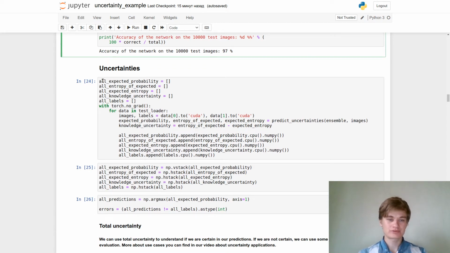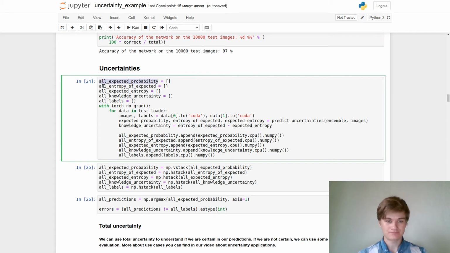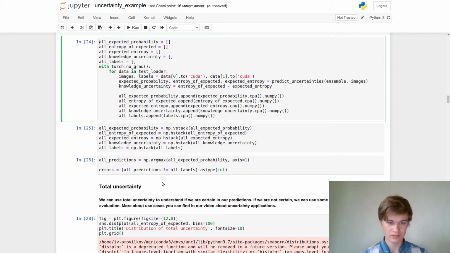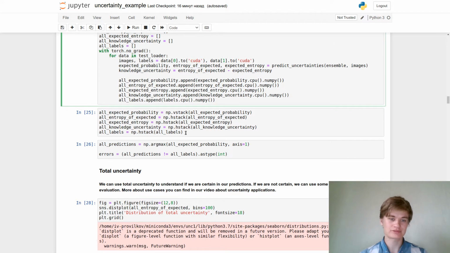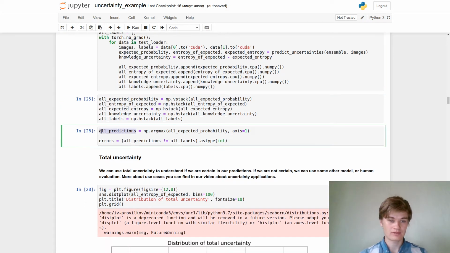here is the code to accumulate all predictions, labels, and uncertainties from our test loader and ensemble. We will not stop here. I turn it to appropriate view here, and that's all.